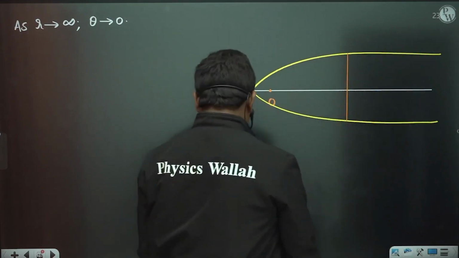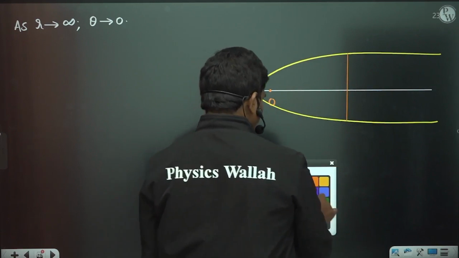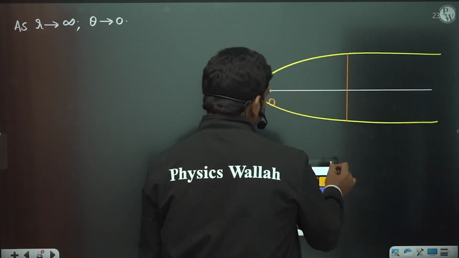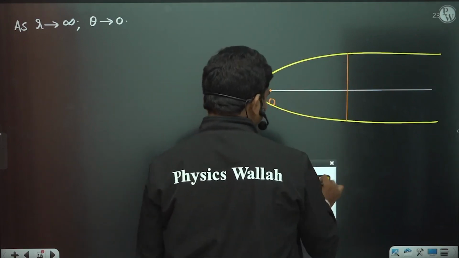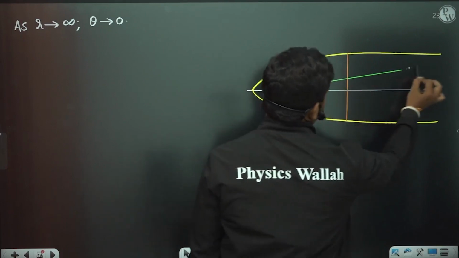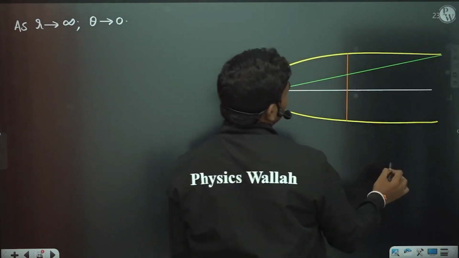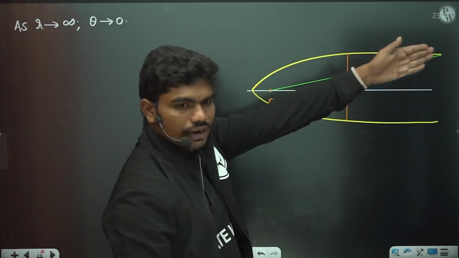Now try to tell me one thing. If I connect 2 points like this, which are very far actually, this theta is almost 0, it is a very far distance.